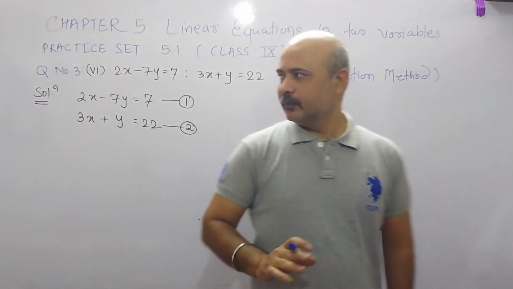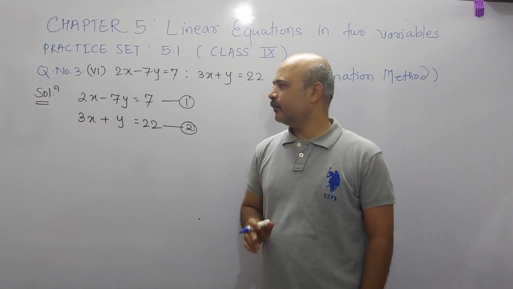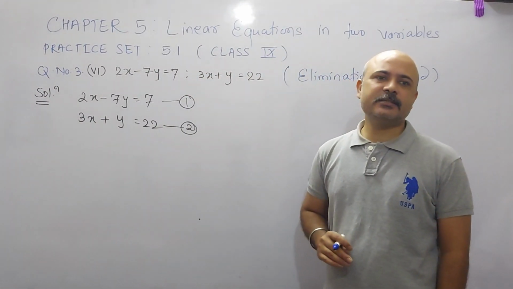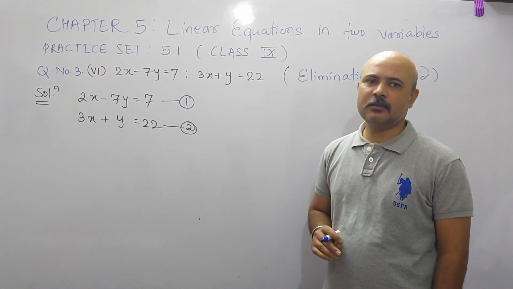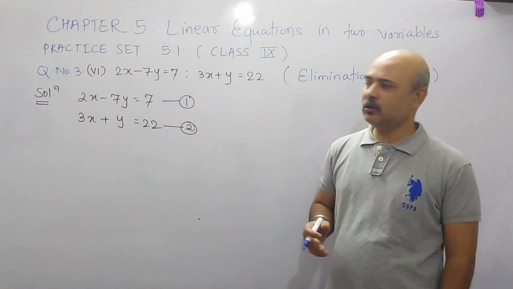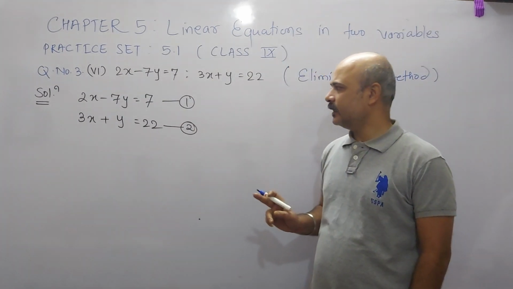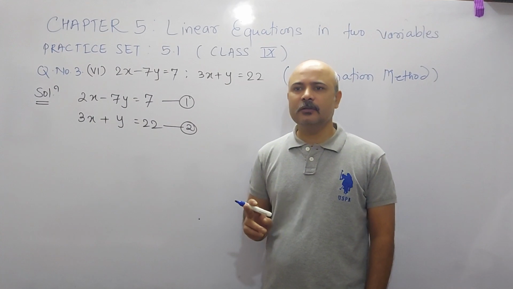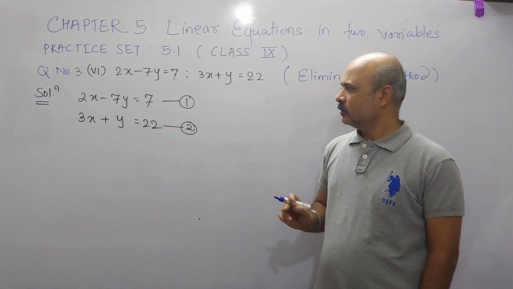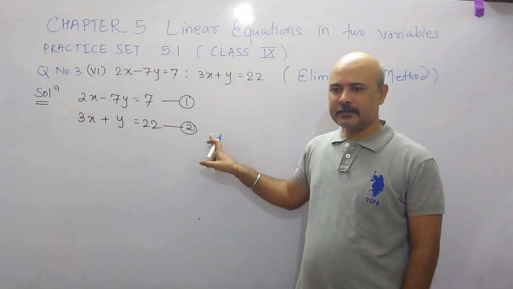Now I will ask you, which variable do you want to cancel out? x? y. So if you want to cancel out the variable y, what is needed? You will multiply equation 2 by 7.